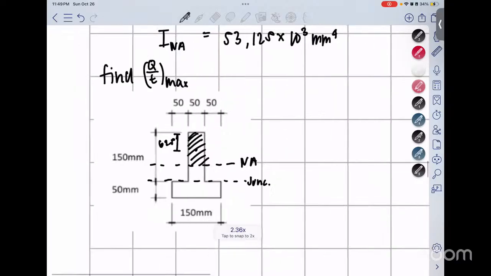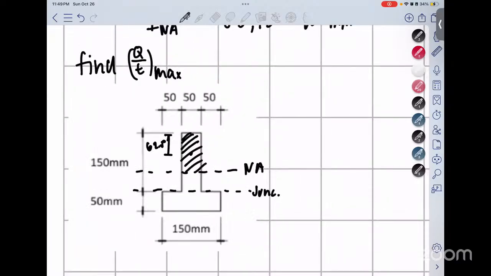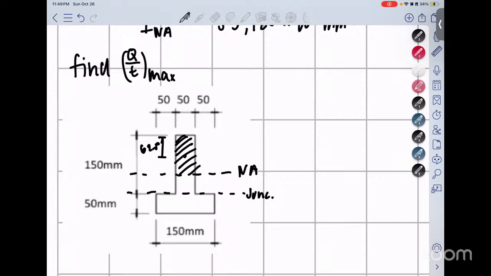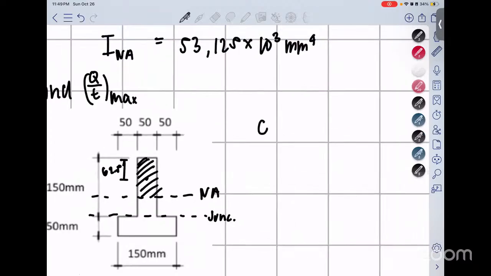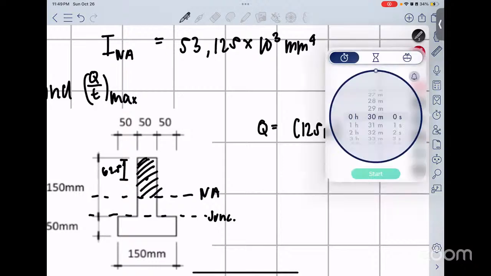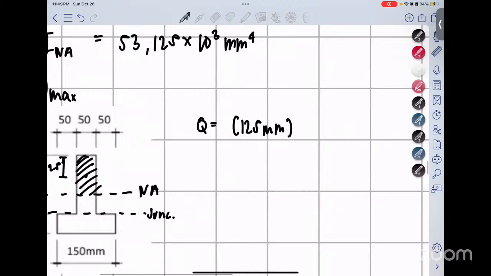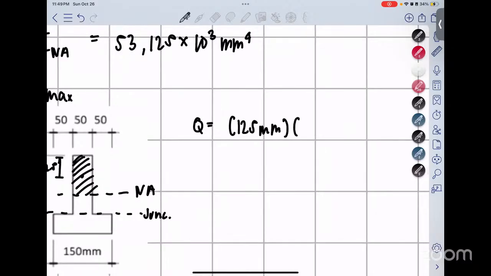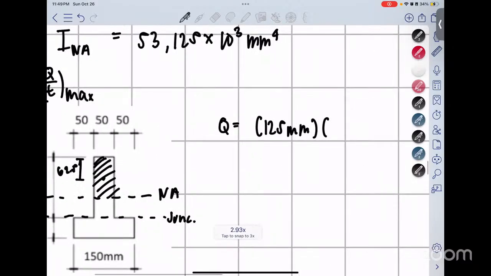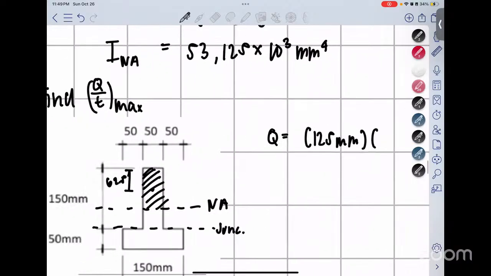Okay, 62.5. So now our Q can be quite straightforward to find because it's not a double figure, just one figure. This can be found by getting 125 millimeters times the area, which is the base times the height.